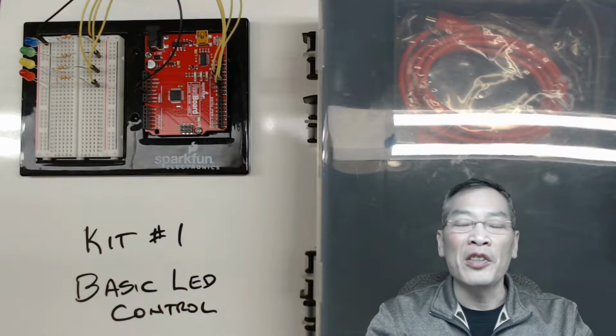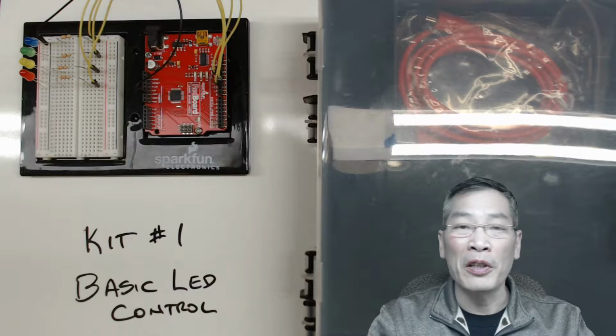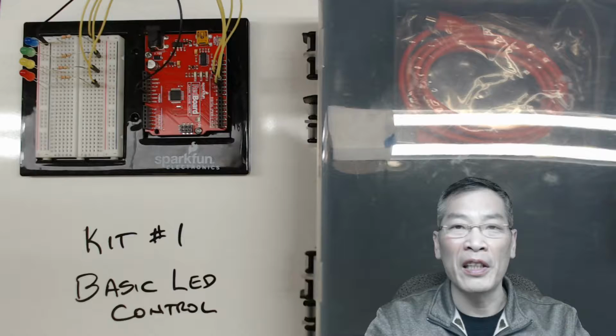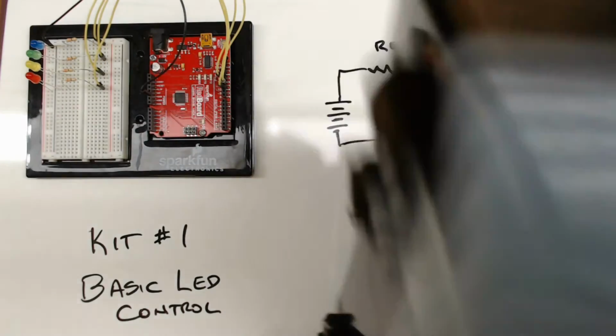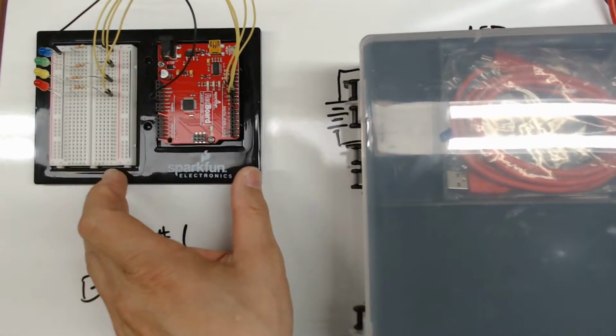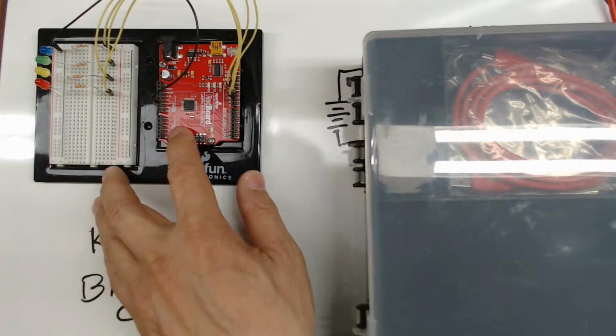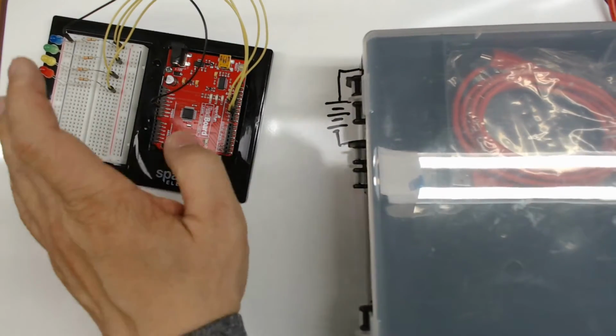This video is a supplement to lesson 1 of our coding club, basic LED circuits. Get your kit number 1, and from kit number 1 you'll have your SparkFun electronics board, the Arduino Uno or the red board, circuit board all wired up.